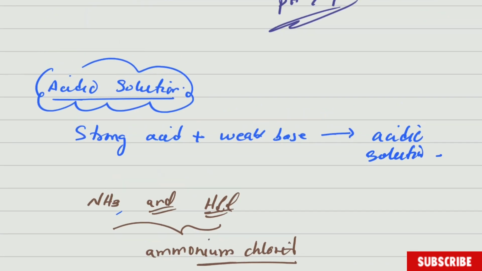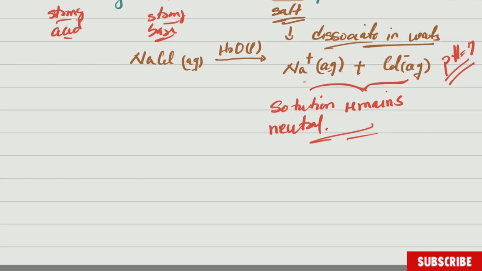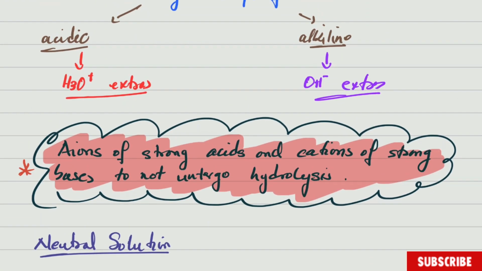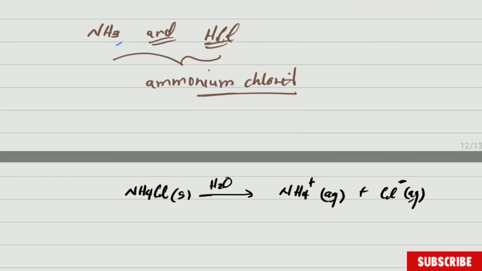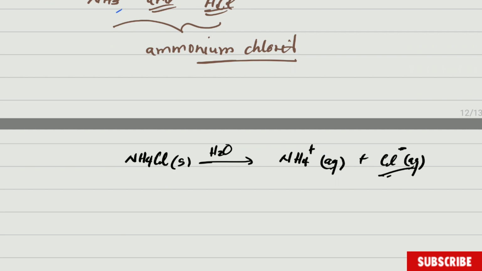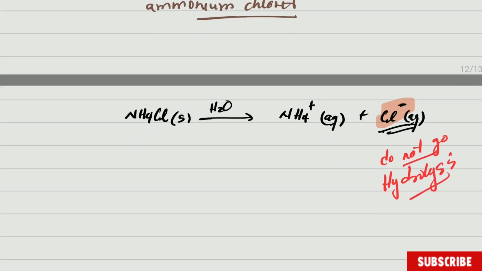Now we go back once more to the very first red note that I highlighted: ions of a strong acid do not undergo hydrolysis. So in this case, the chloride here does not go through hydrolysis, or in other words, doesn't react with water.